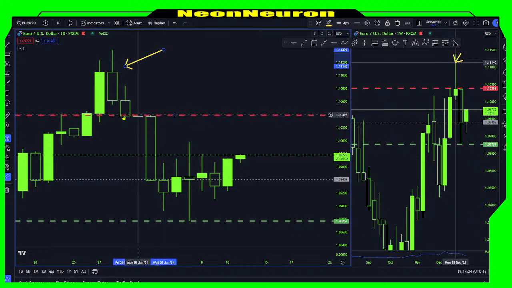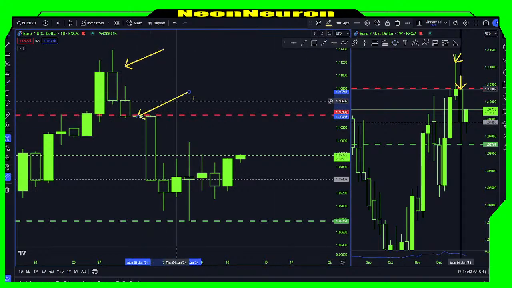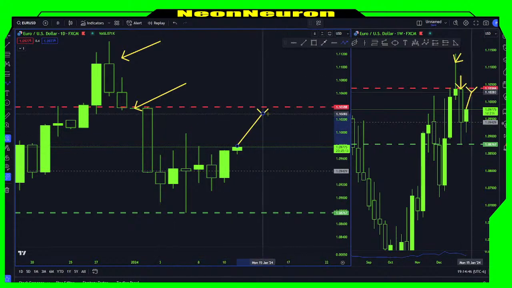But then they were met with some resistance at this line. That's where the sellers had a hard time moving the market. And then it wasn't until the next week. So this is really an area that we want to watch. This is our area of contention that we're looking for the future for the buyers to step in.